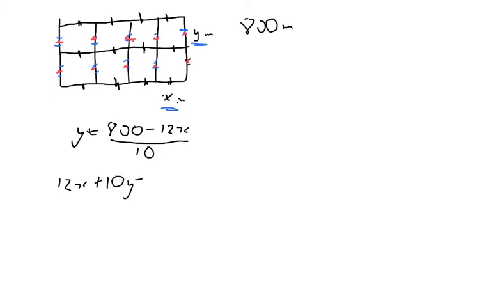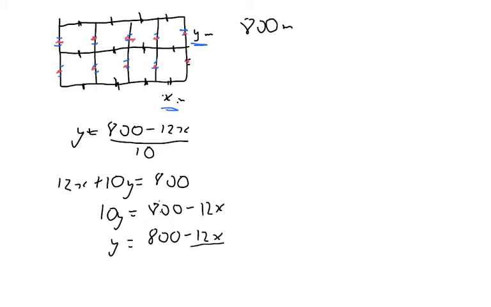And they have to add up to 800. With a little bit of rearranging, we get 10y equals 800 take 12x. Therefore, y equals 800 take 12x over 10. And we just showed that.